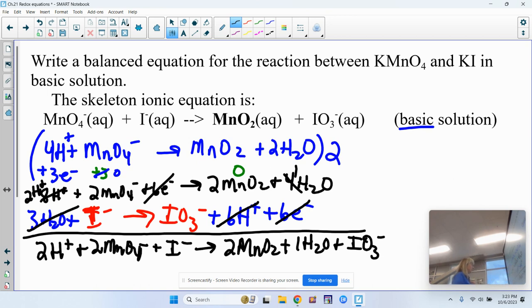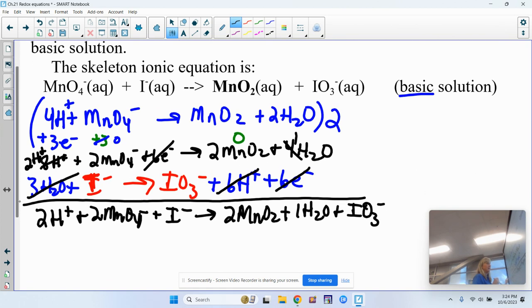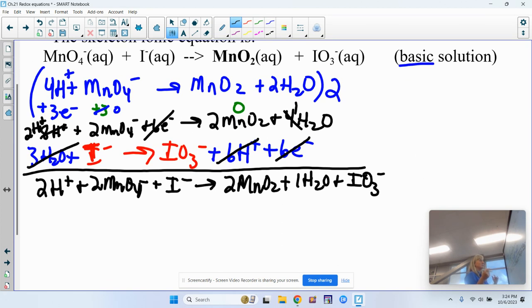And looking carefully, I got my 2 H pluses. And do I have everything? Always double check, make sure everything balances. 1 I on both sides, 2 H's on both sides, 4 plus 4, yep, 8 oxygens on both sides. So it's balanced.